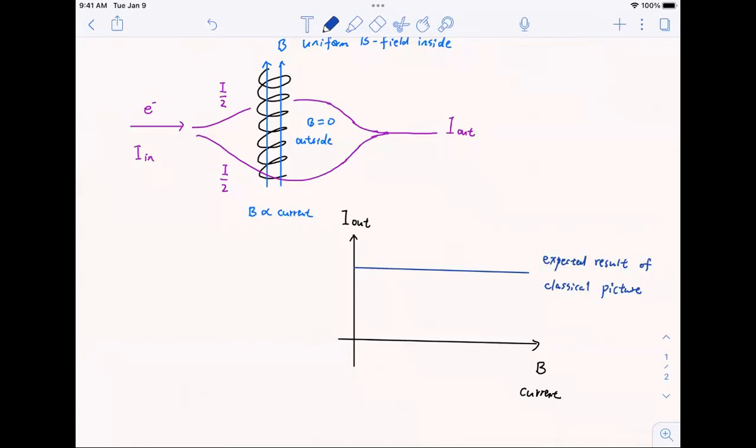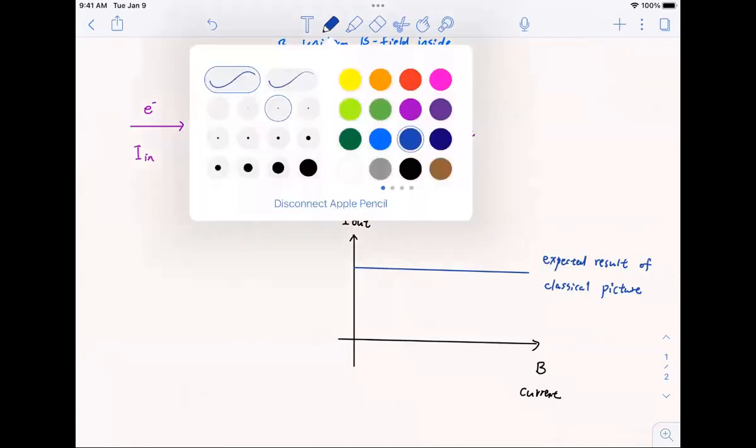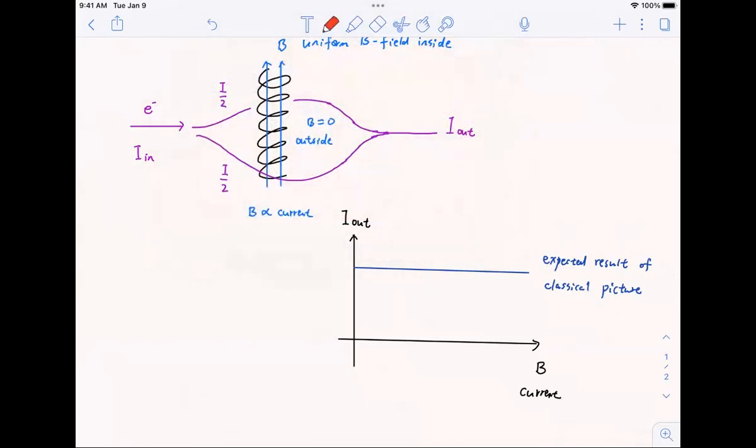But the experimental outcome is not like that. The experimental outcome turned out to be oscillating. If you change the B field inside the solenoid, you actually have an effect outside your solenoid. There will be interference between these two beams.